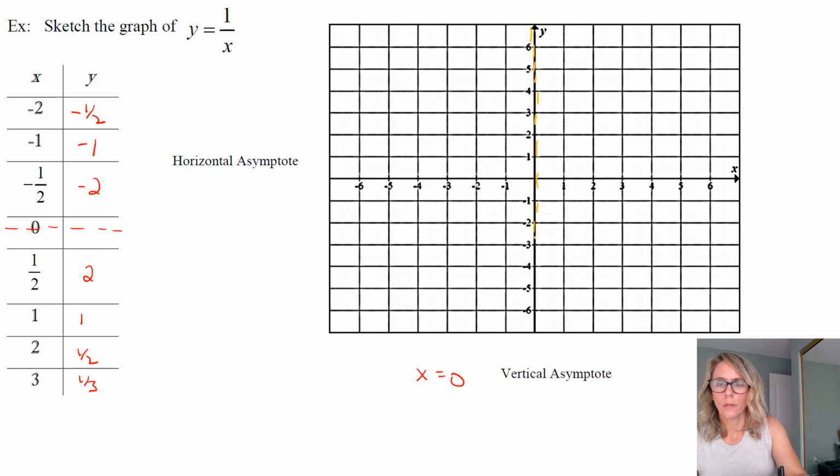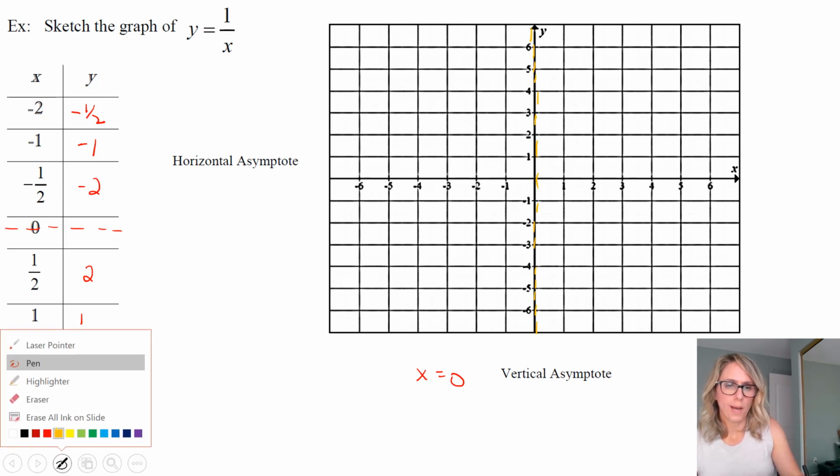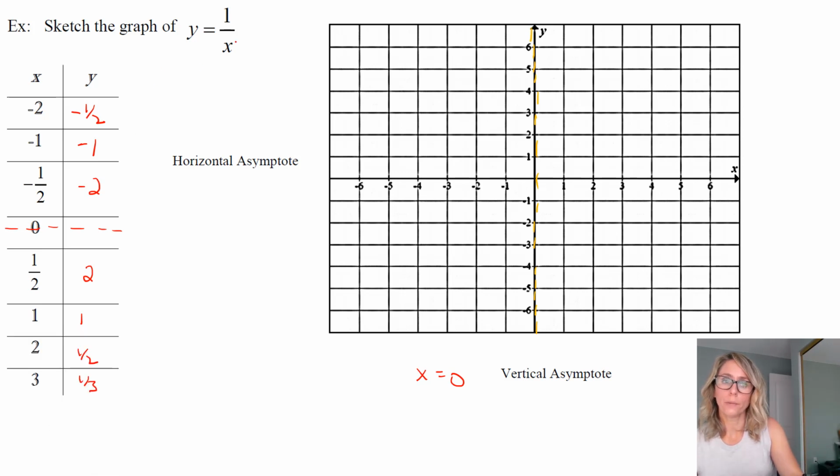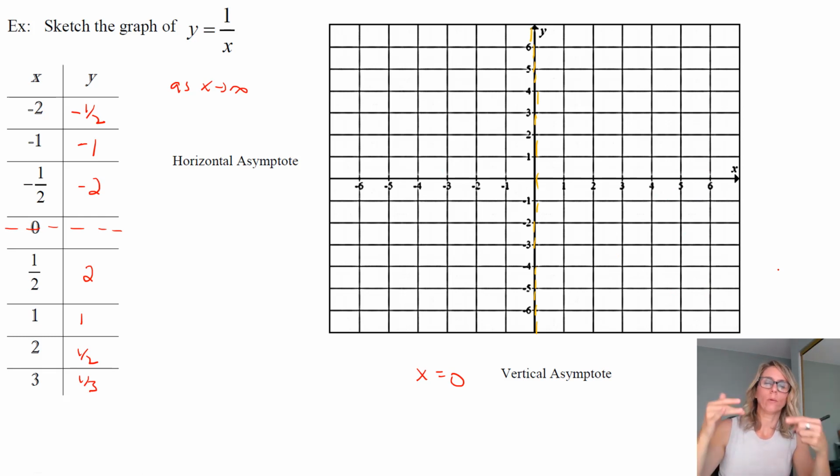And then I want you to think about what would happen if x got very large positively or if x got very large negatively. When x gets very large positively, 1 over a really large positive number, so as x goes to infinity, out here on the right side of our graph, y equaling 1 over something really large is something very, very small.